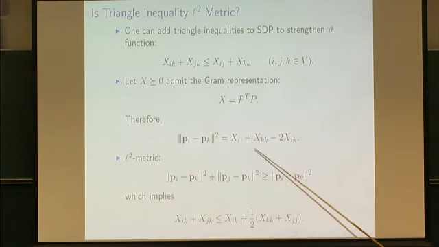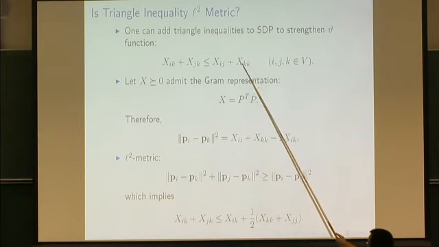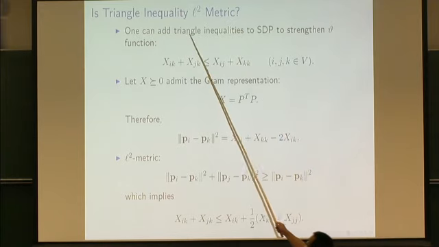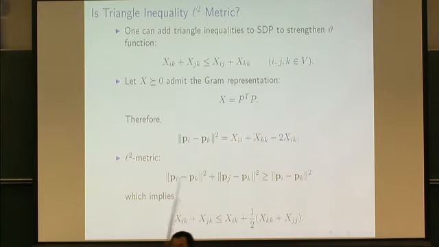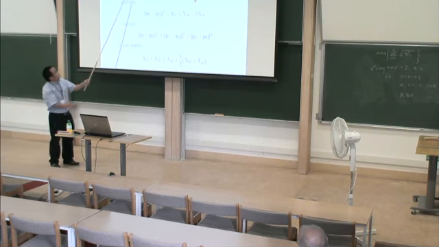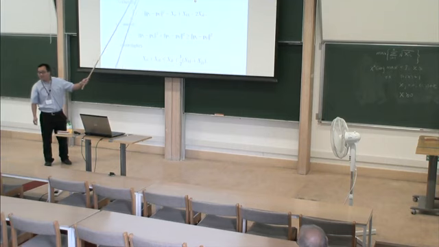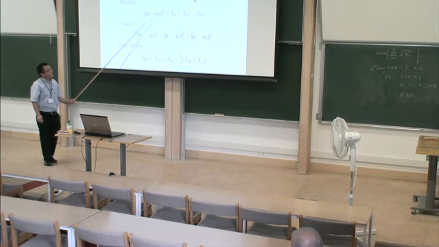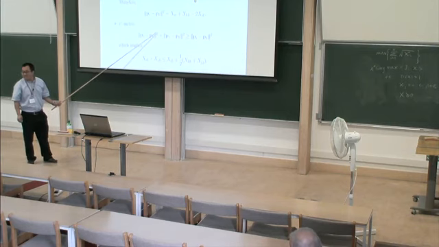Obviously, this equals, you substitute into this, and something like this comes up. And that's my question: are the triangle inequalities the L2 metric? I don't know. I don't know why I want to translate such constraints into distances.